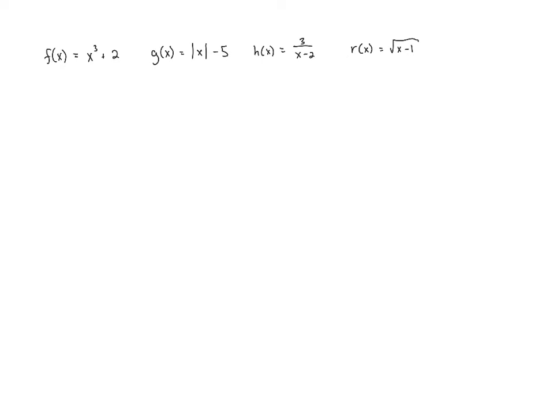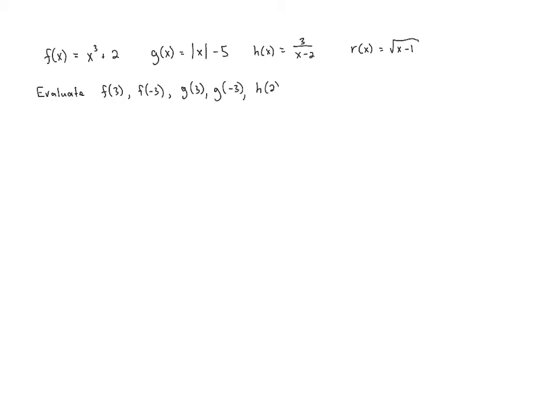So these are 4 different functions. And what we're going to do is evaluate them for particular numbers that we are given. So we're going to evaluate, let's say, f of 3 and f of negative 3. Let's look at g of 3 and g of negative 3.